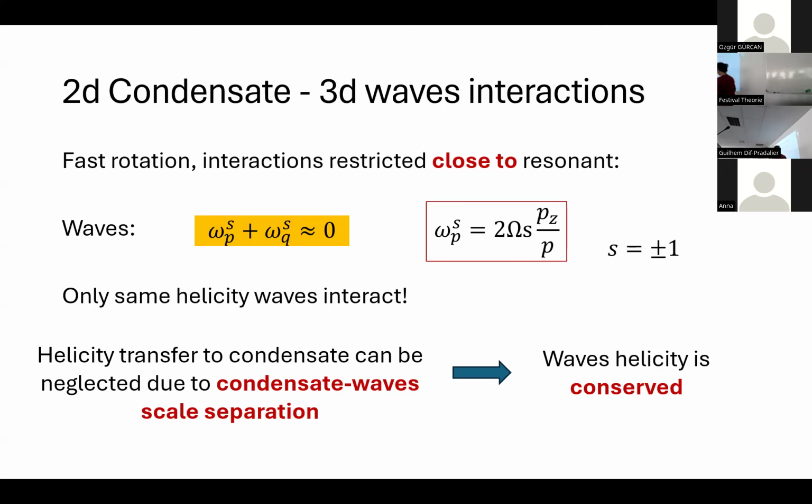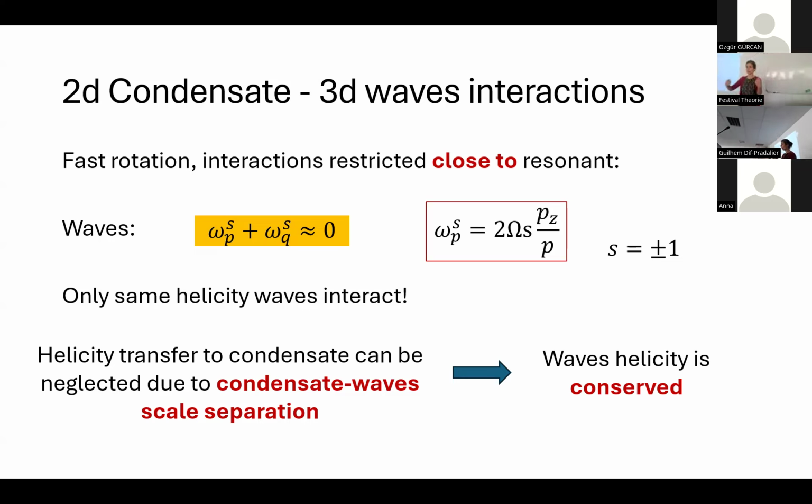On the other hand, the condensate is large scale, so the helicity transfer between the condensate and the waves can be neglected. It's very small. That means that the wave's helicity is actually conserved. The total is conserved, but also for each sign, because they cannot exchange helicities.